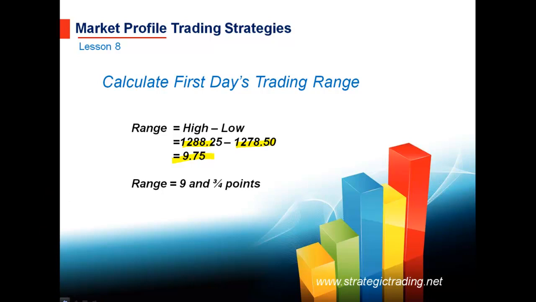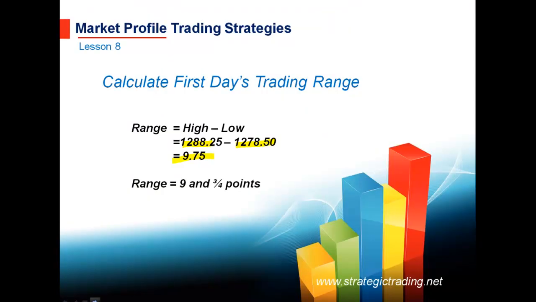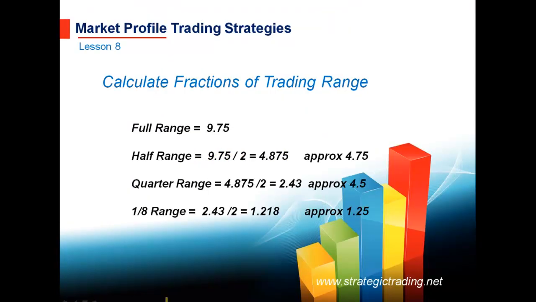Again, let me backtrack. It is this movement from low to high. That is my range. And we just identified from our calculation that this is 9.75 points.